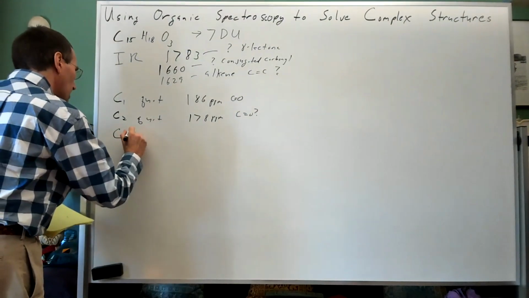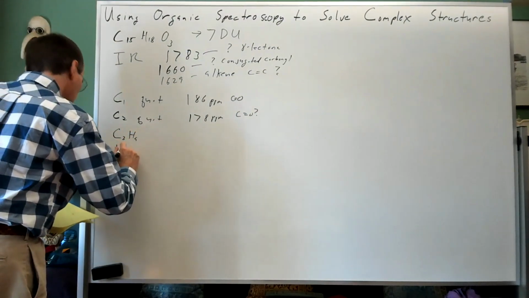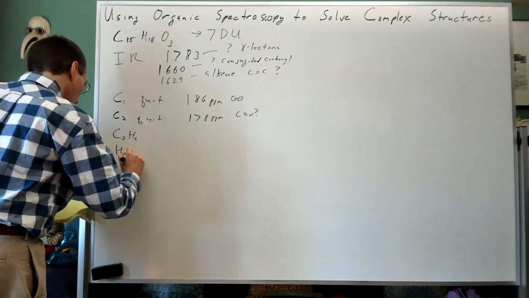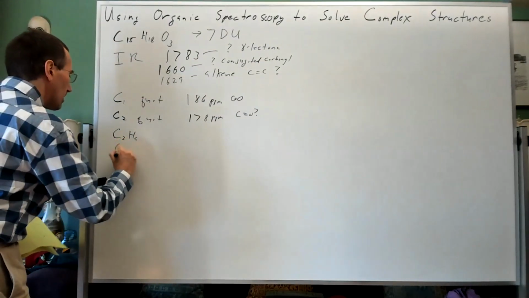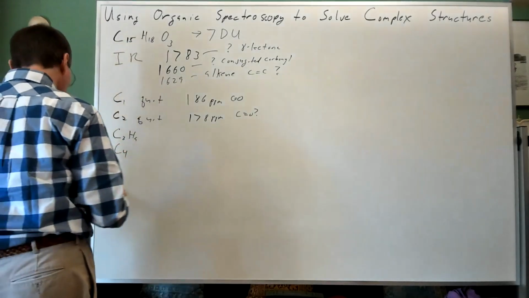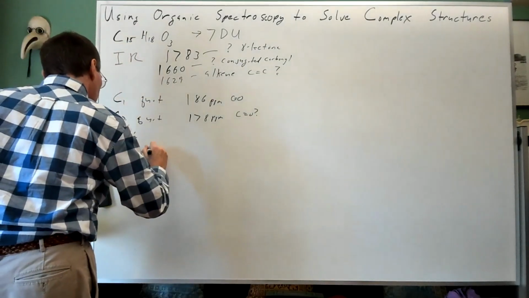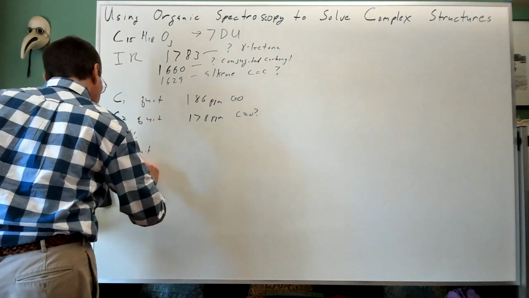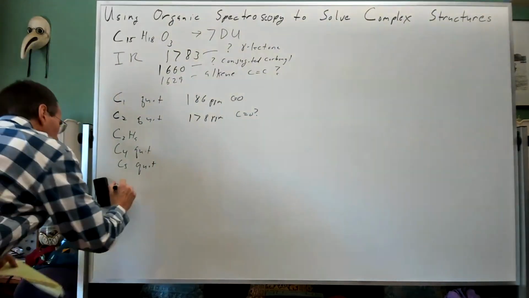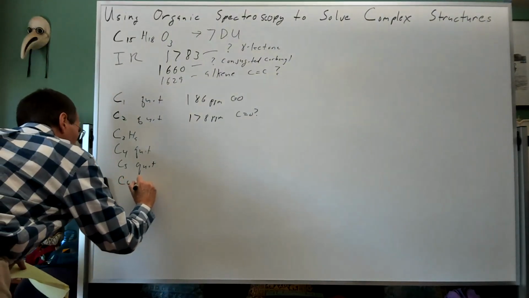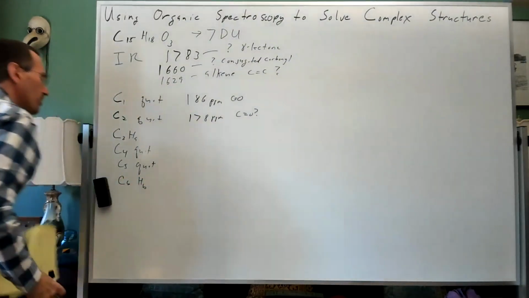C3 is connected to HA. C4 is a quat. C5 is a quat. C6 is connected to HB.